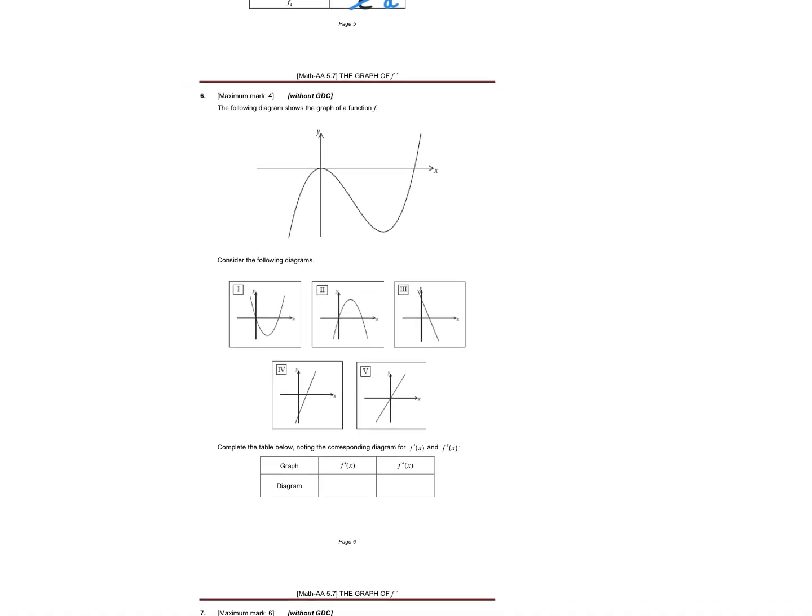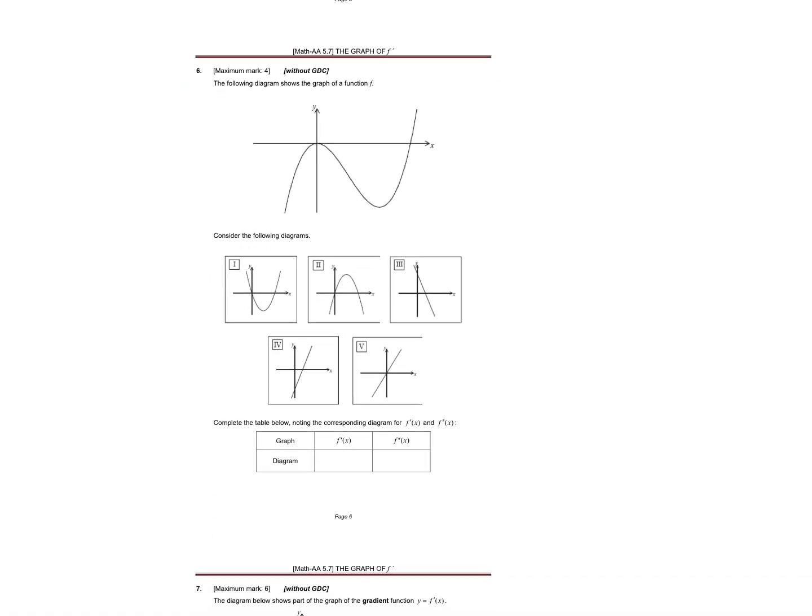All right, 6. The following diagram shows a graph of f, and consider the following diagrams. Complete the table noting the first derivative and second derivative. Okay, so we have positive and negative in the middle. So this has to be the first derivative because it's positive and negative in the middle.